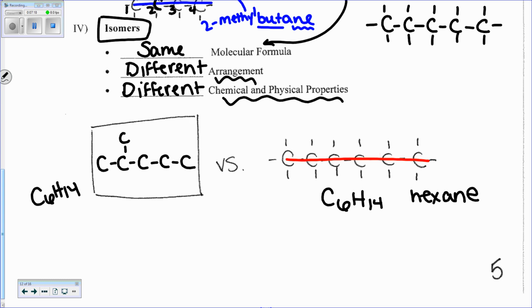Do I still have 6 carbons? Yep, 1, 2, 3, 4, 5, 6. Let's put H's on so we satisfy everyone. This one just needs 1, 7, 8, 9, 10, 11, 12, 13, 14. I still have 14 H's and I still have 6 C's.